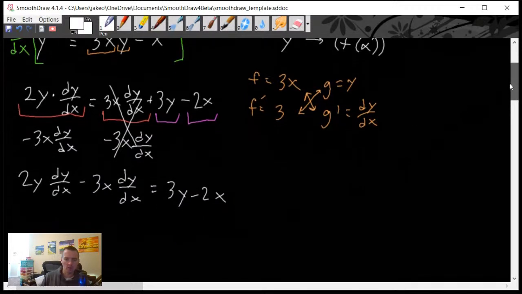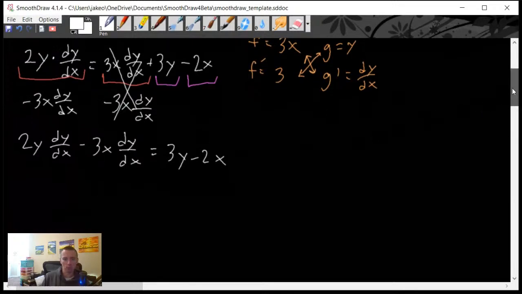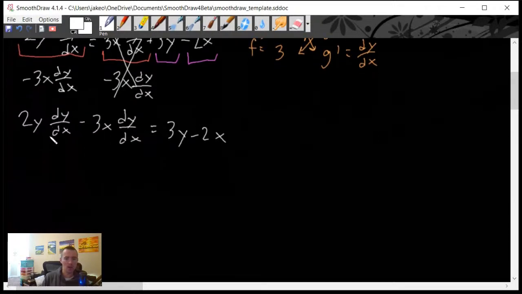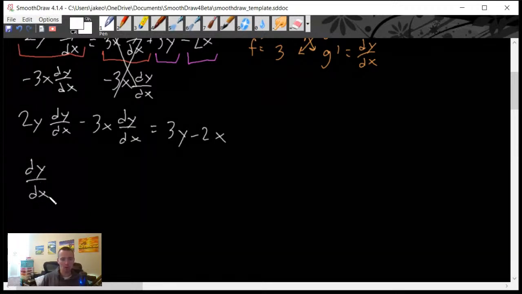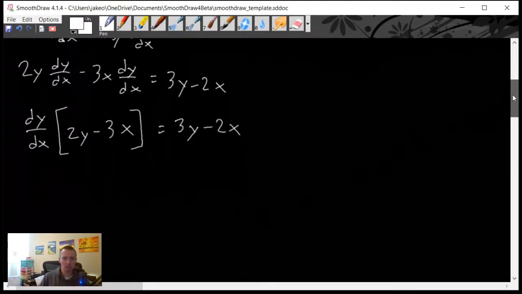And then once you have gotten all of your dy dx terms on one side of the equation, typically what you want to do at that point is, since now everything on the left side has a dy dx in common, we can factor that dy dx out of the left side of our equation. So pulling dy dx out of this term is just going to leave us with 2y. Pulling dy dx out of this term is just going to leave us with minus 3x. Right side is not going to be changed at all.